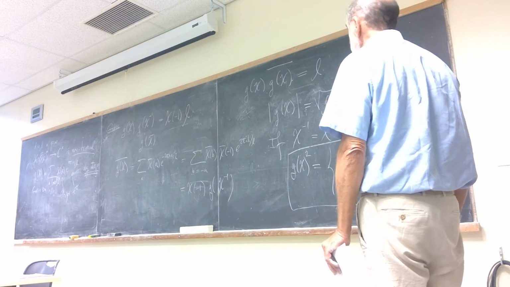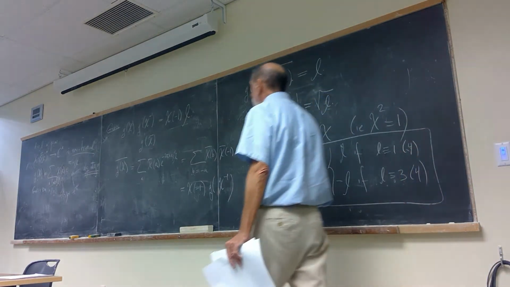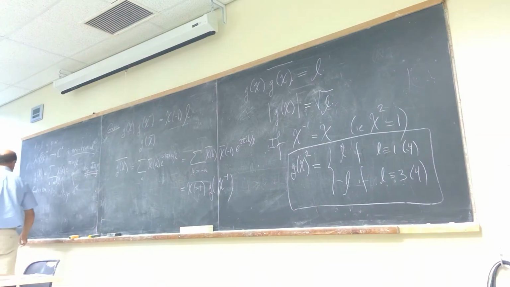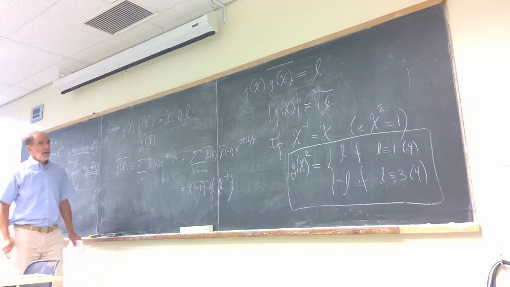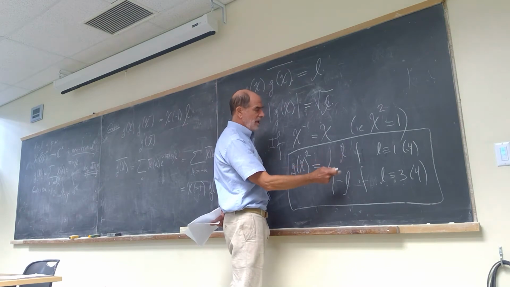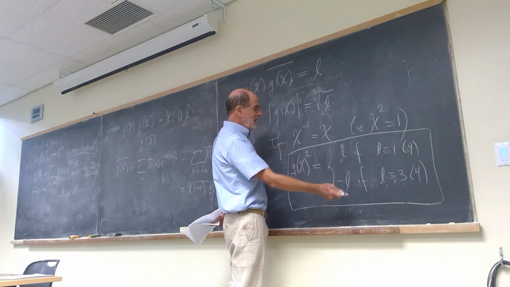Now, a huge amount of effort was spent by Gauss and Dirichlet figuring out what the sign of it was, and that's actually going to be important. This is a well-defined complex number, and we know its square is L or minus L, but what is the number?